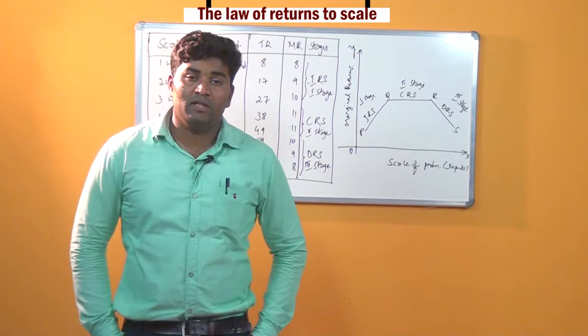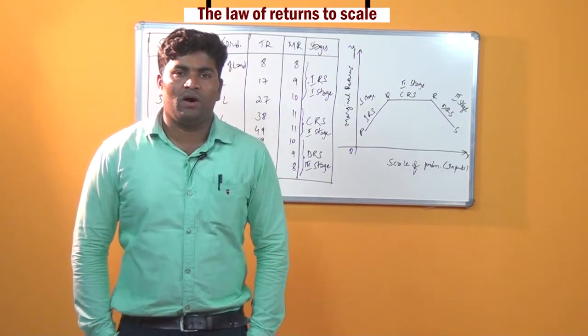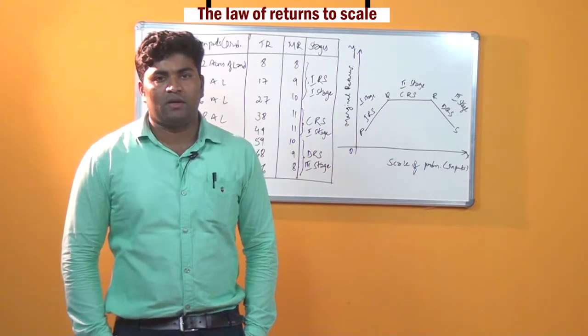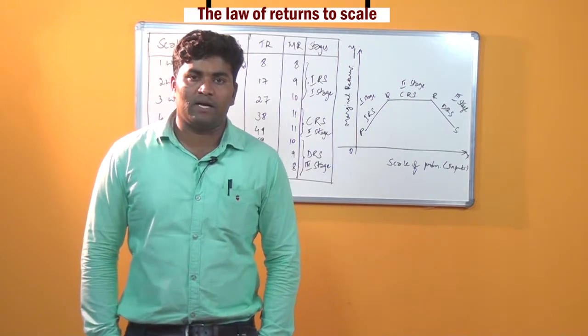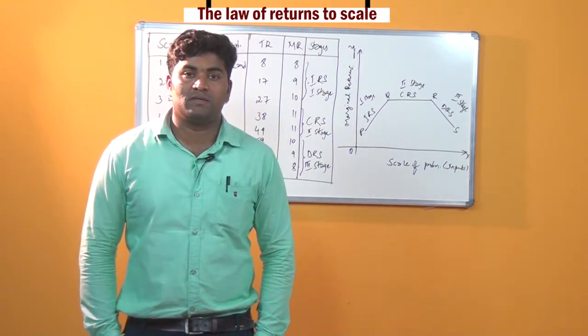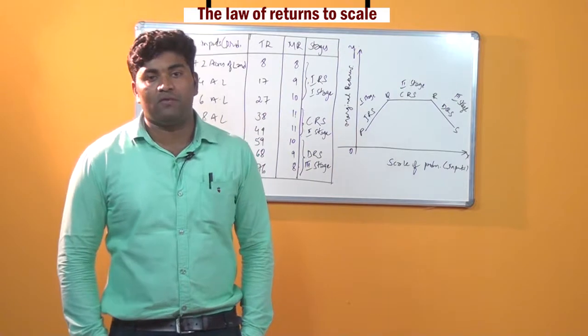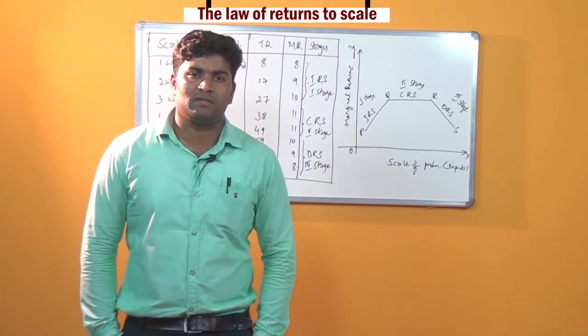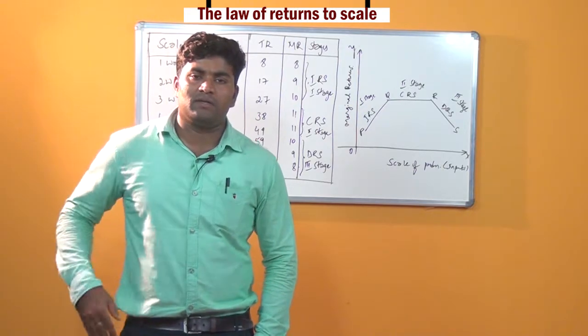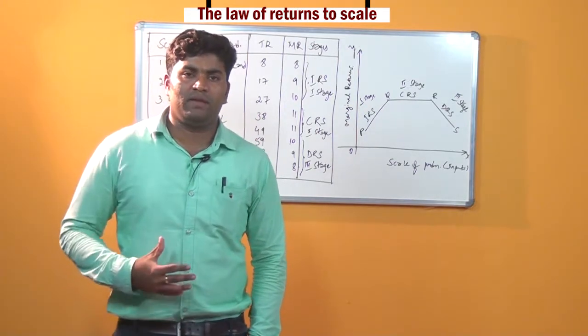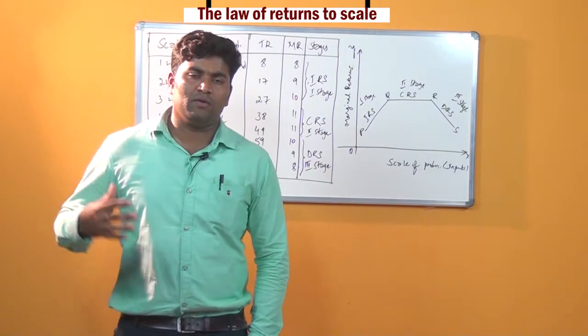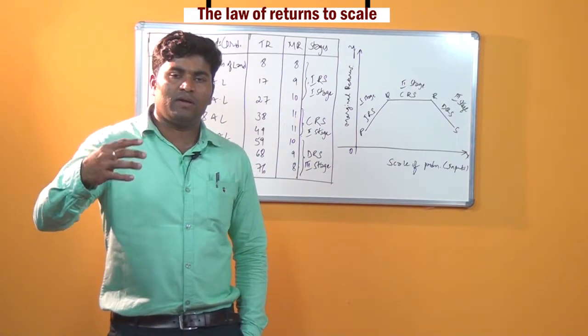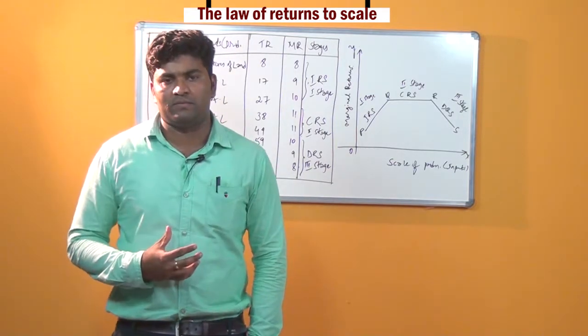In the long run, as I said before, all factor inputs vary. The theory or law developed in economics with respect to this is the law of returns to scale. The law of returns to scale explains how, as the firm keeps on increasing each and every factor input in equal doses, it impacts the quantity of output or production.